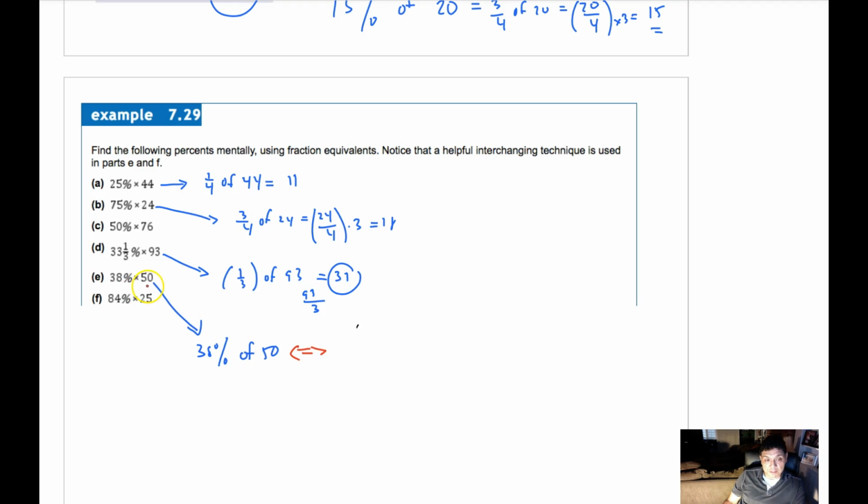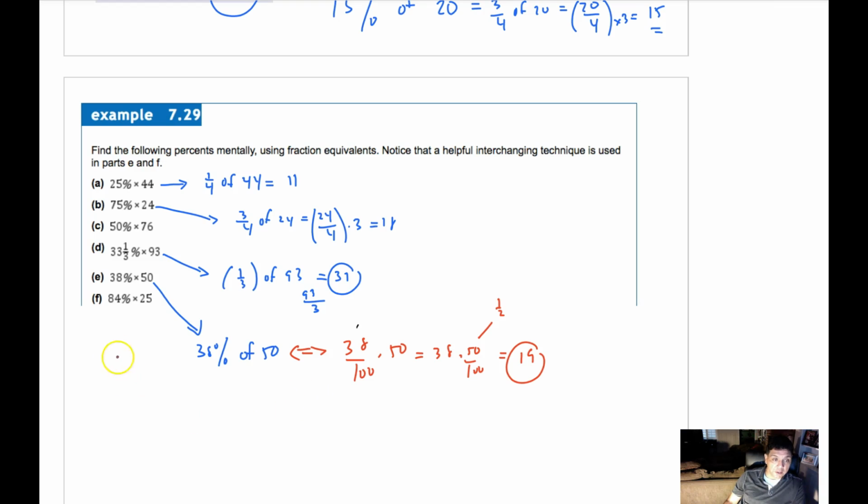I know 50% of 50 is 25. So another way to look at that problem is this is like 38 over 100 times 50. So what I'm really going to do is 38 times 50 over 100. This equals a half. So really my answer is 19. I'm going to take half of 38. It's this little trick move. But again, this is just some mental arithmetic.